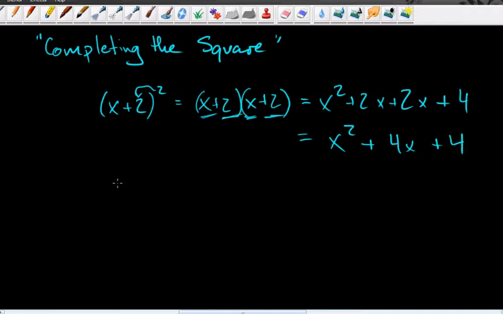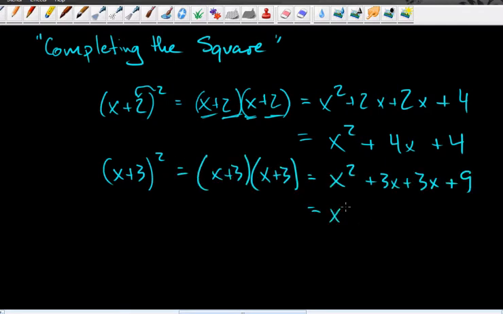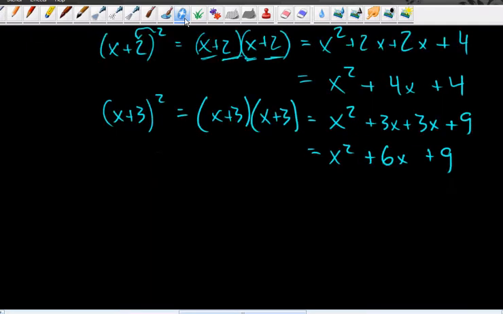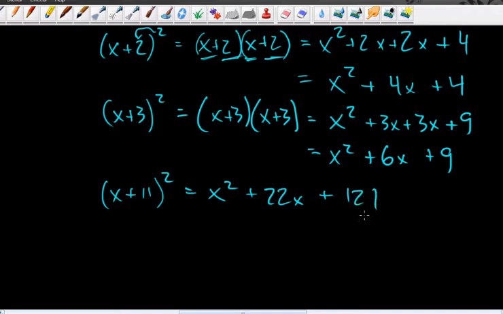Another example of expressions like this is x plus 3 squared, which is equal to x squared plus 6x plus 9. Let's do one more. X plus 11 squared is x squared plus 22x plus 121. Have you noticed the pattern in these results?